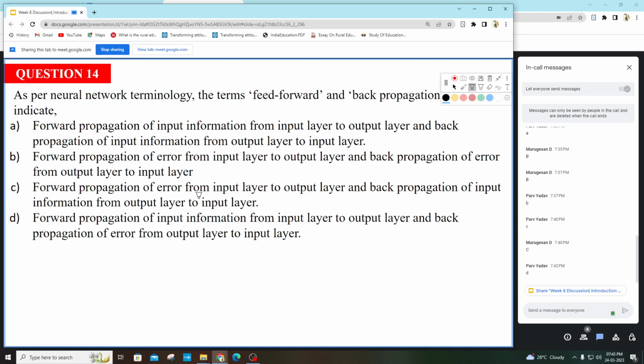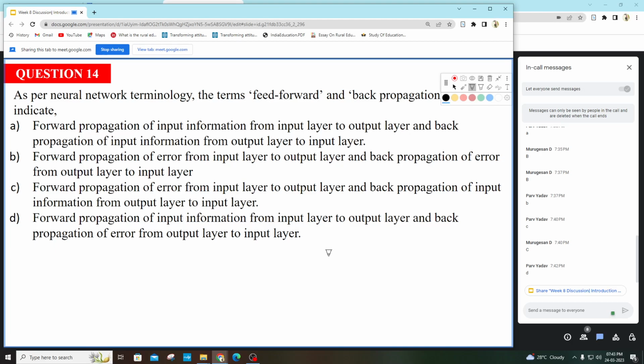C is forward propagation of error from input layer to output layer, backward propagation of input information from output layer to input layer. And D is forward propagation of input information from input layer to output layer, and back propagation of error from output layer to input layer. Any guesses for this?